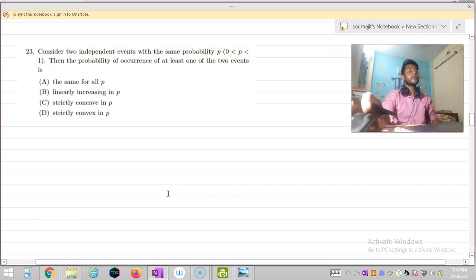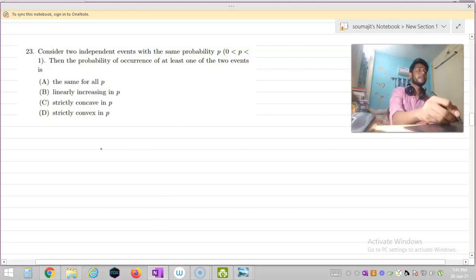Now question number 23 says that consider two independent events with the same probability p. Then the probability of the occurrence of at least one of the two events is: same for all p, increasing in p, strictly concave in p, or strictly convex in p. So we have to find the correct option. So I am considering A and B as the two events, and it says that the two events are independent and have the same probability.